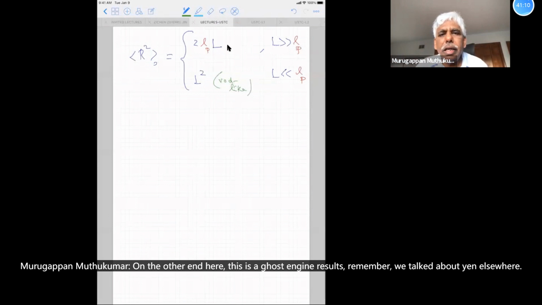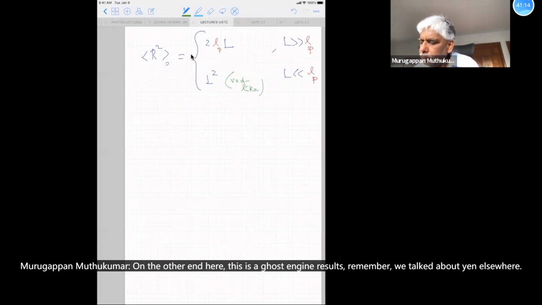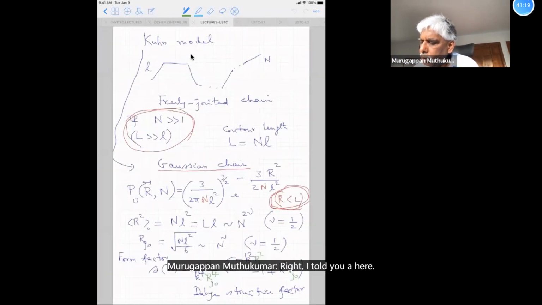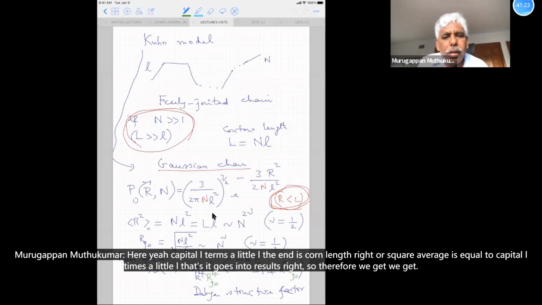On the other hand, here, this is the Gaussian chain result. Remember, we talked about n l squared. I told you here, capital L times the little l, where l is the Kuhn length, right? R squared average is equal to capital L times the little l.